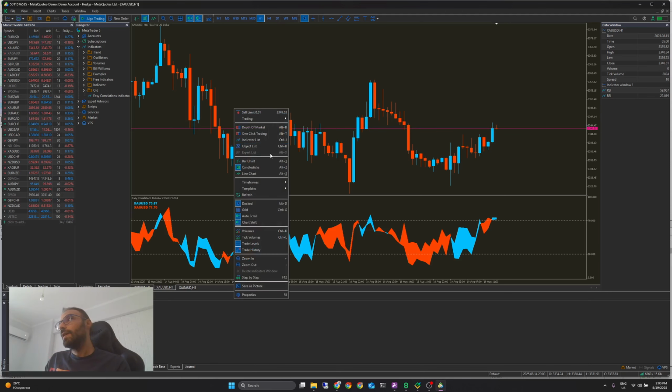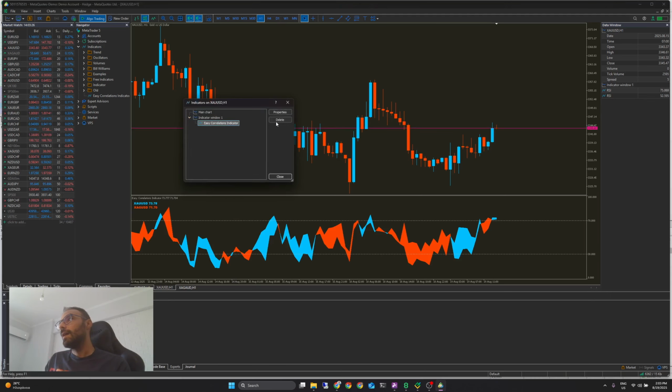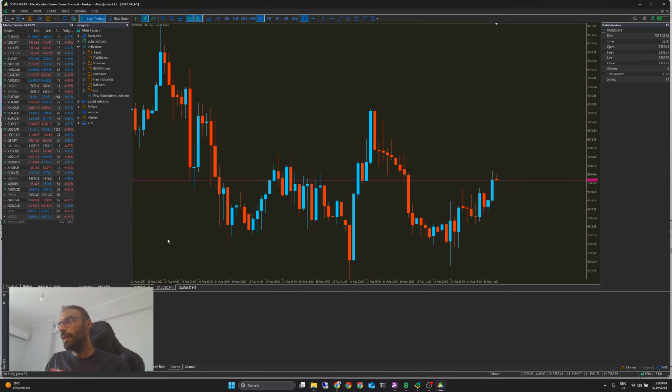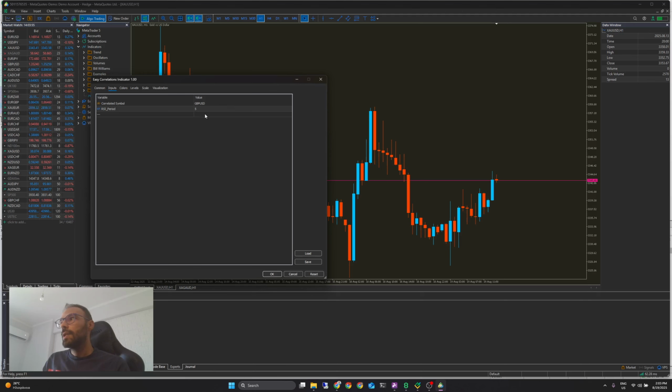I'm going to remove the indicator that I have already. And I would like, as I said, to compare it and identify opportunities against silver. I also have silver opened here in another tab. You don't have to, but most of the time it's better having a view of what's going on together with the indicator, of course. Now I'm gonna drag and drop the Easy Correlations Indicator on the chart that I want.